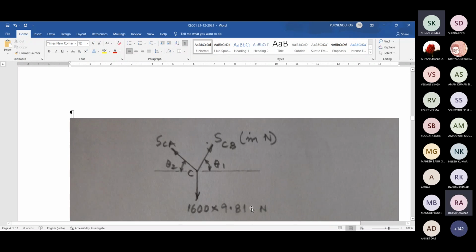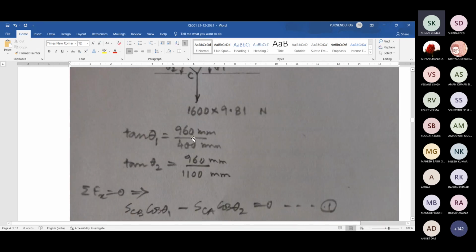But here you need to consider it as 9.81, or 9.807 or whatever is given. The directions are known, and the forces developed in these two supporting ropes are to be determined. So solve sigma Fx equal to 0 and sigma Fy equal to 0 to find these two unknown forces.